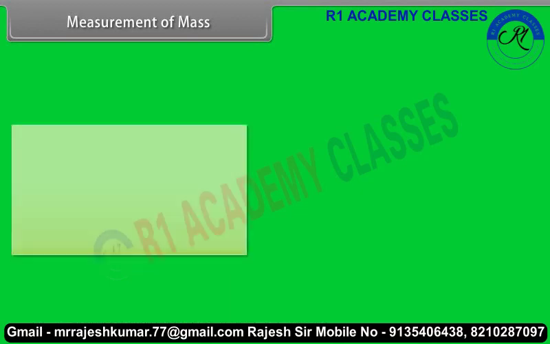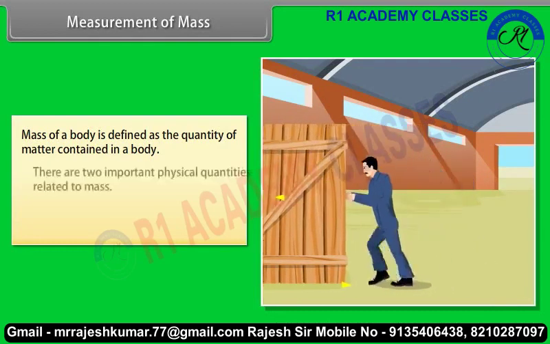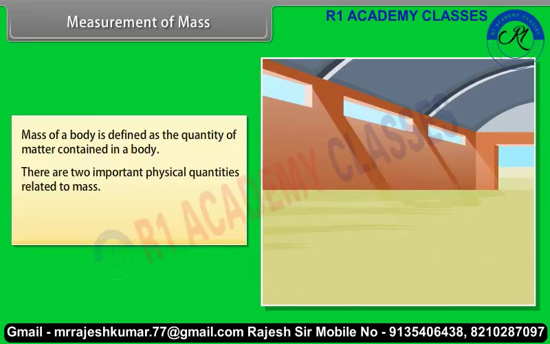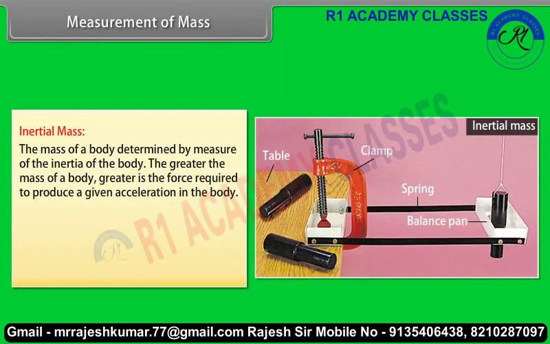Measurement of mass. Mass of a body is defined as the quantity of matter contained in a body. There are 2 important physical quantities related to mass of a body. These quantities are inertial mass and gravitational mass. Inertial mass: the mass of the body is determined by the measure of the inertia of the body.